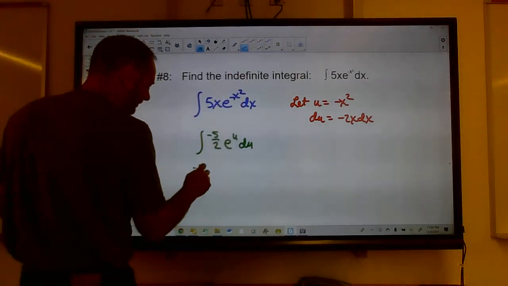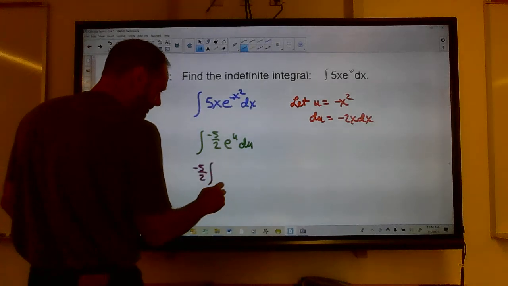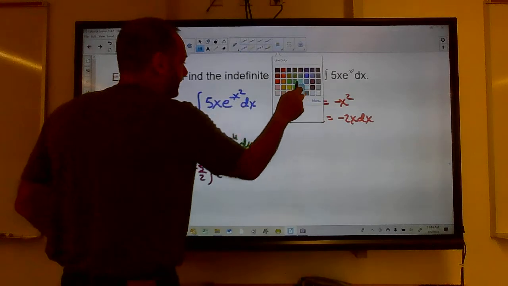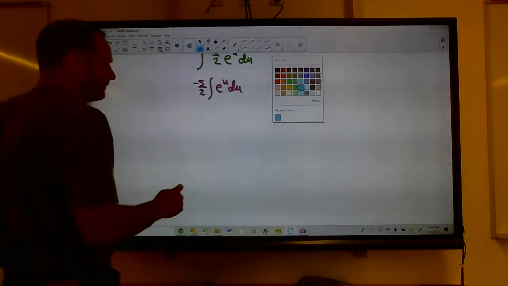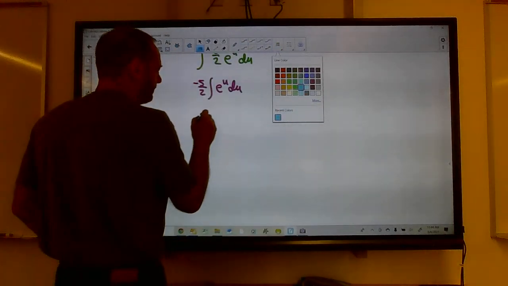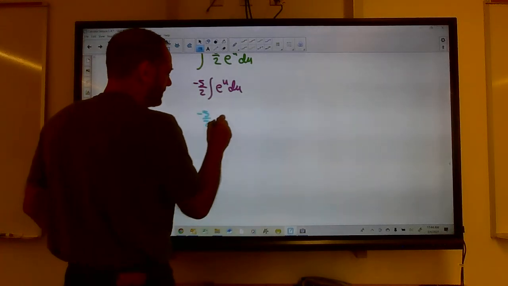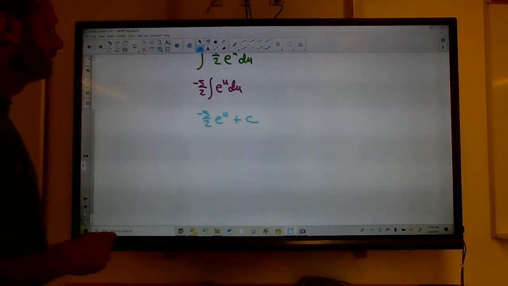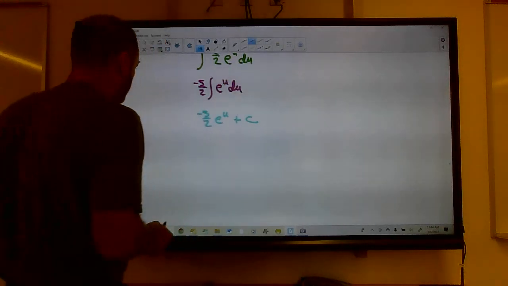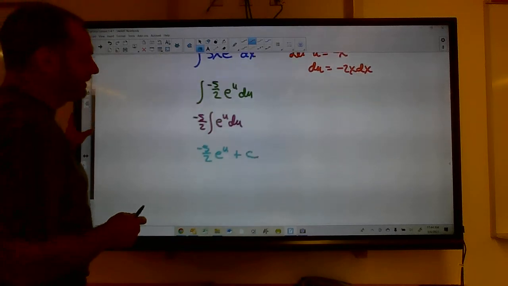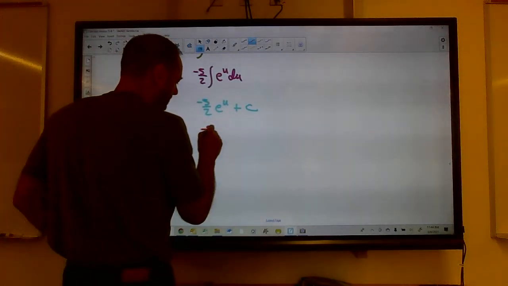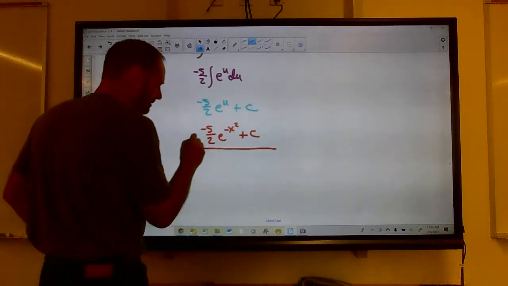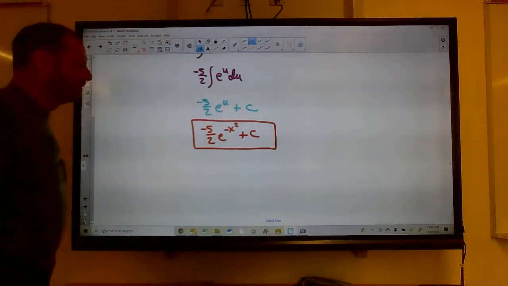I can take the negative 5 halves outside here, which makes it super easy to integrate this thing. So this is going to be negative 5 halves times e to the u plus c. And then I'll go ahead and put negative x squared back in. And I'm done.